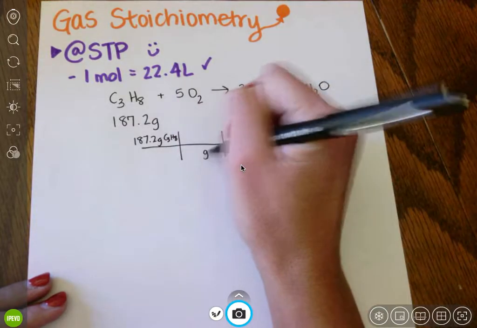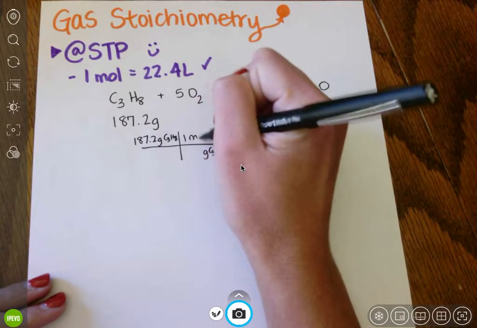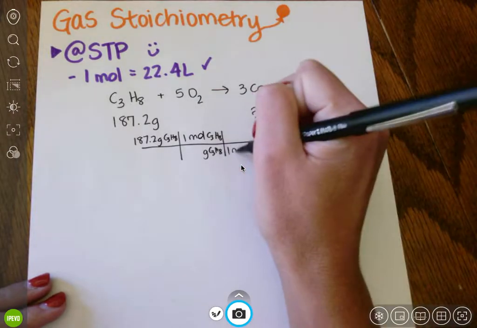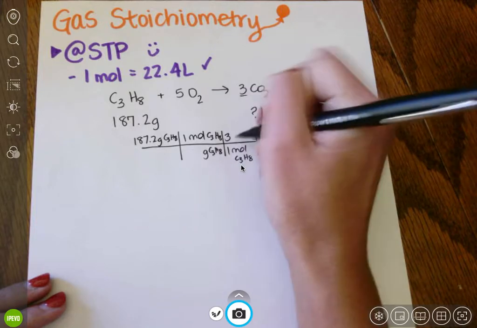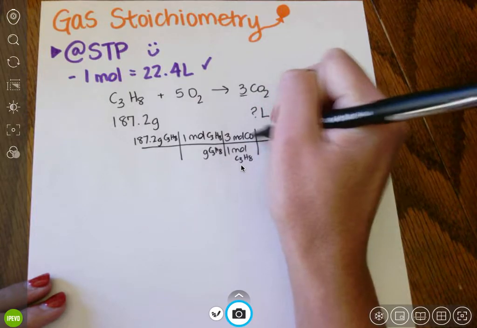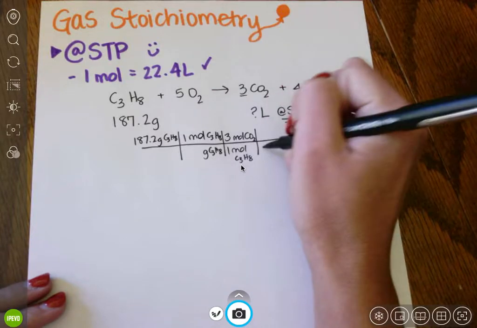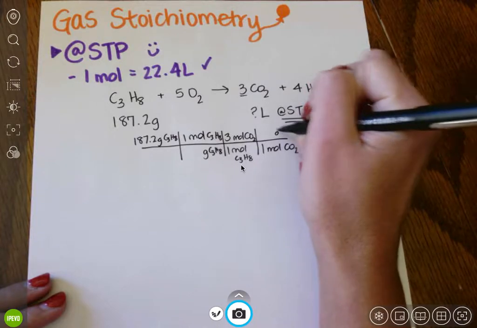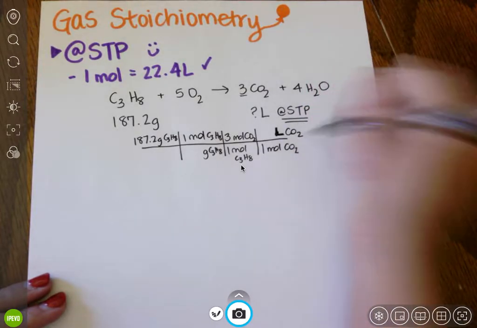C3H8 grams will cancel, and that will go to 1 mole of C3H8. And then for every mole of C3H8, I produce 3 moles of carbon dioxide. There's a 3, right? And that's from the balanced equation. And then every mole of carbon dioxide, and I want the volume of CO2.